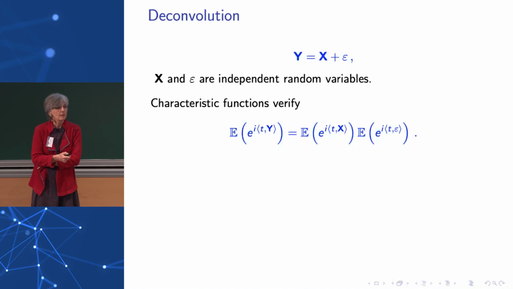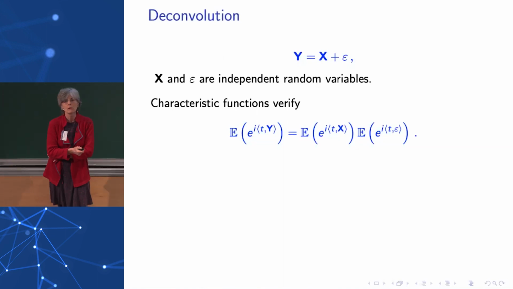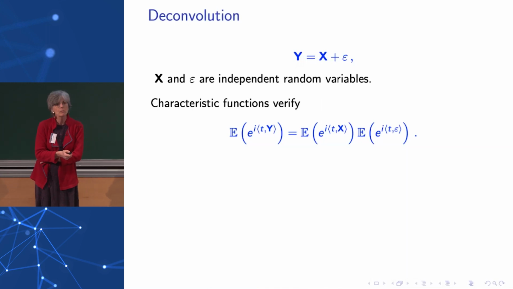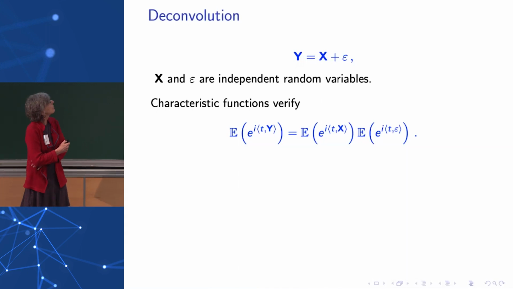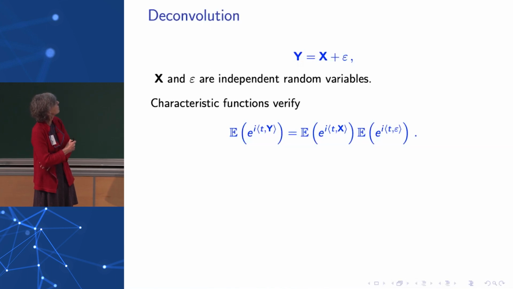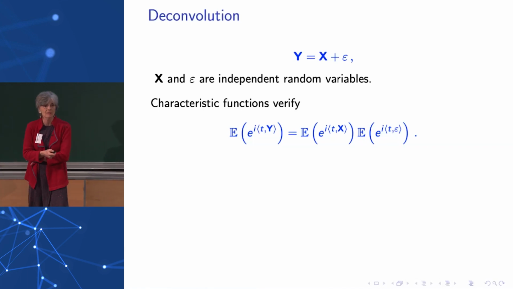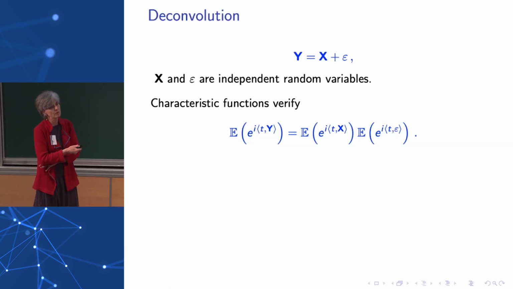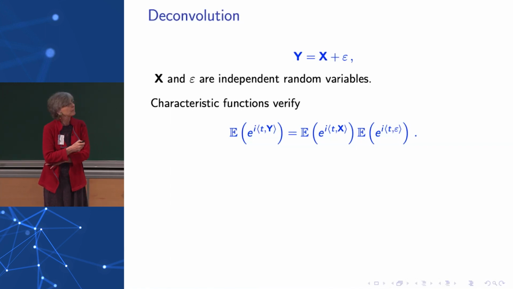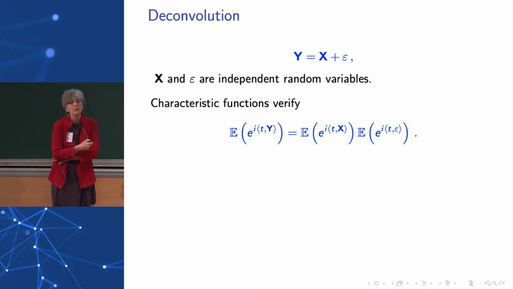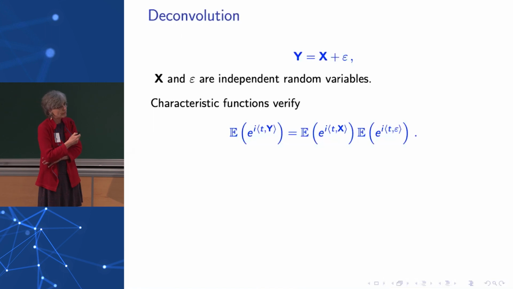So first, I'll say some words about what's called the deconvolution problem. In statistics, it's an old problem on which there is a large literature. So the grand idea is that if you take the Fourier transform, that is the characteristic function of the measures, then the characteristic function of the observation is the product of the characteristic function of the signal with the one of the noise. So in case you know the noise, and all the statistics literature until, well, I will say until the work I will explain later, is about known noise or having data on the noise that allow to estimate this separately.